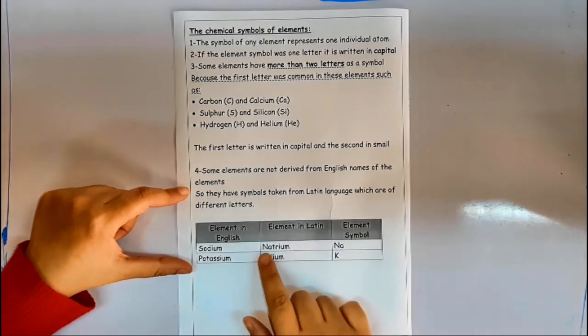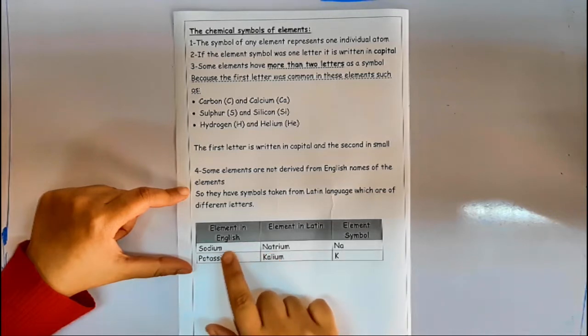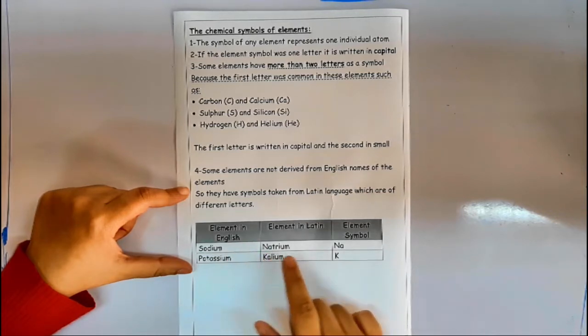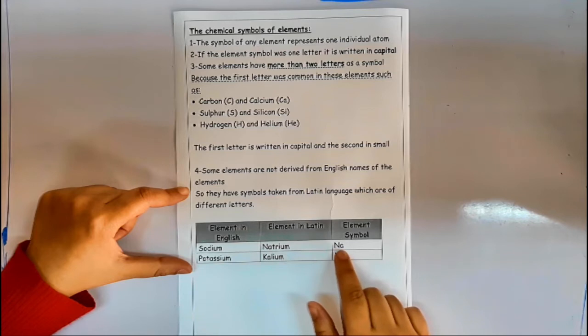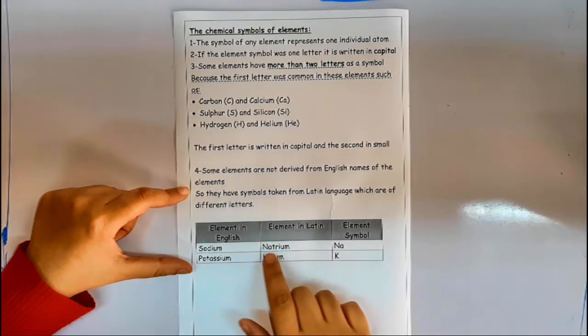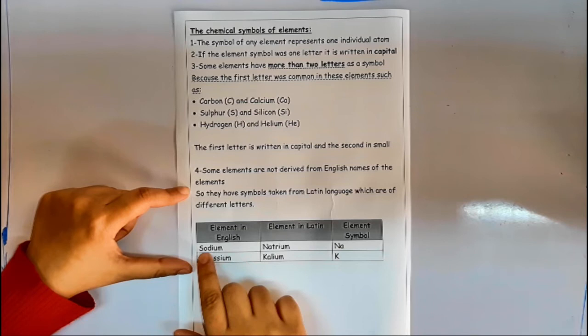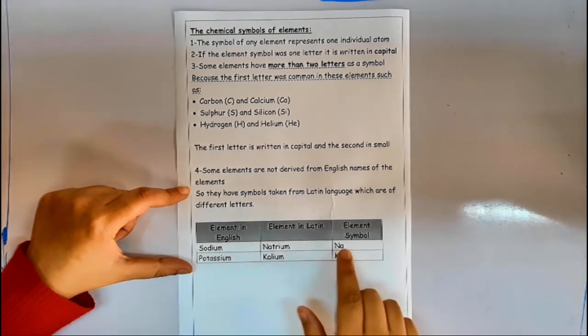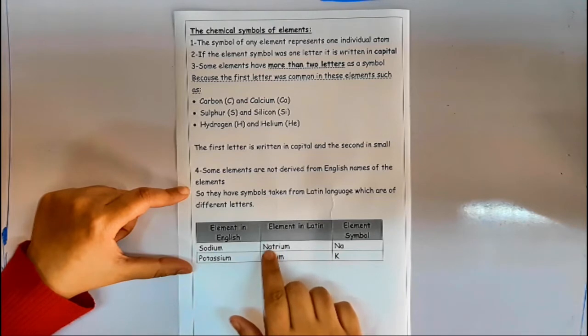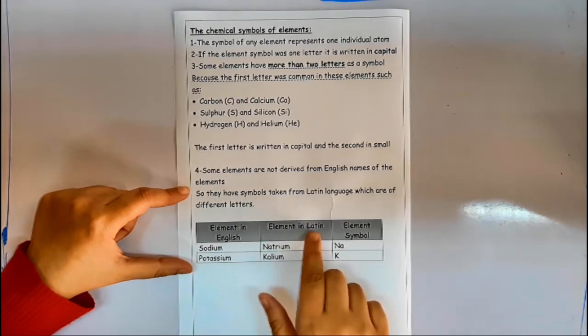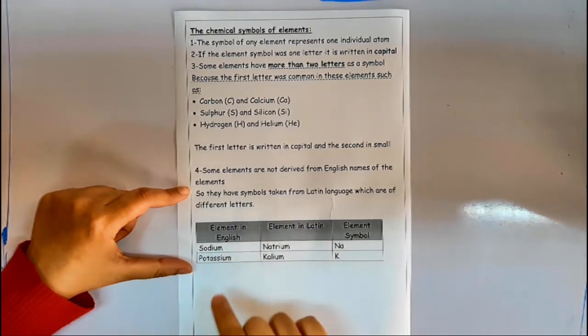So we take the first two letters from natrium, and we get Na. Na is the symbol of sodium. But those two letters are taken from Latin, not from English. The name in English is sodium, SO. We will not write SO, we will write Na, because we take these symbols from Latin, not English.